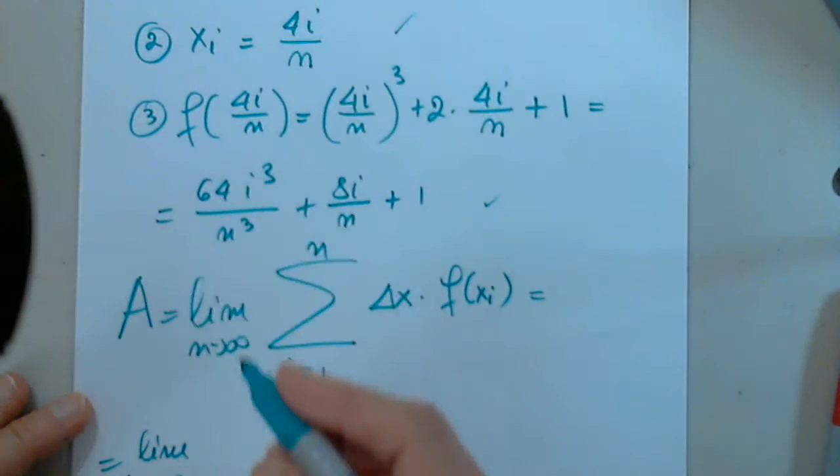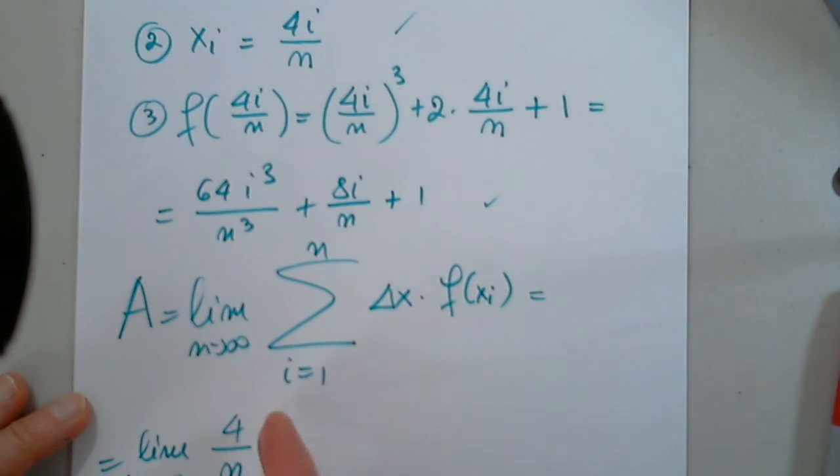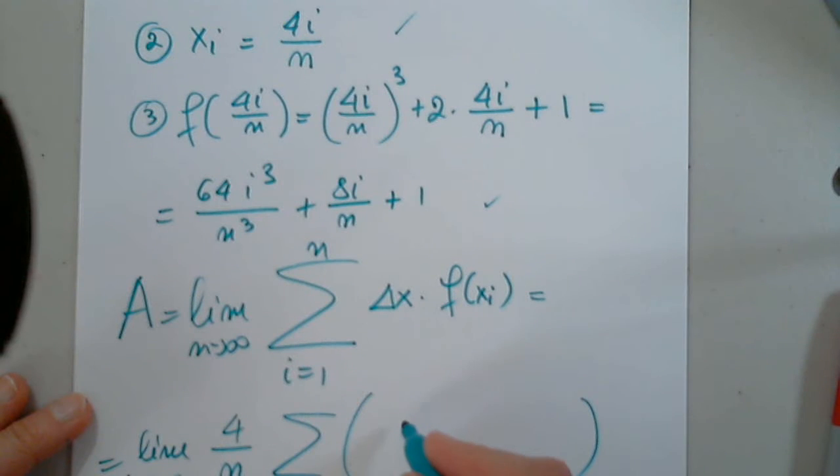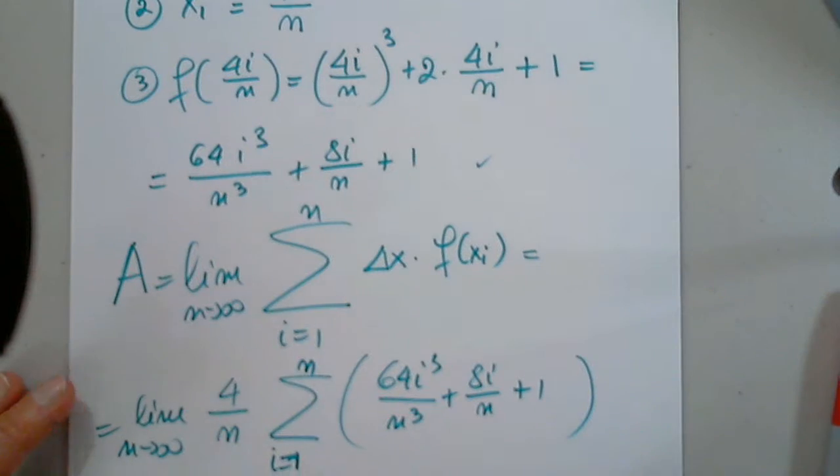Delta x is 4 over n, it can stay outside. It's a constant, it does not depend on i. And the sum of f of xi, these 3 terms, 64i cubed over n cubed plus 8i over n plus 1, from i equals 1 through n.